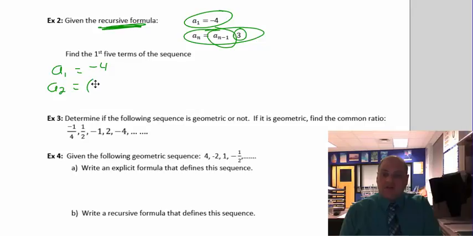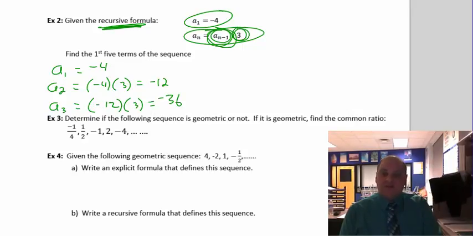So it's going to be the previous term times 3. The previous term is -4 times 3 is -12. A sub 3 is going to be the previous term times 3. Previous term's -12 times 3 is -36.